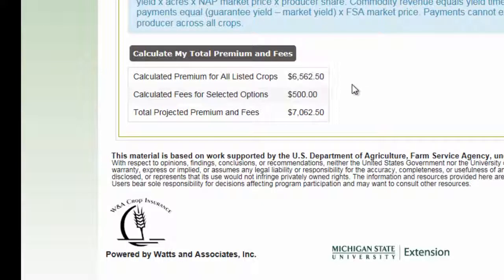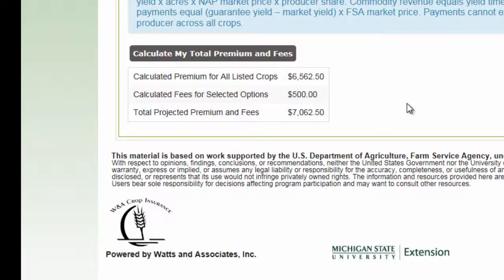So if you had 6 crops here, this premium for all crops would still be $6,562, but you'd add up $250 fee for each of the different ones. So when you add those together, your total projected premium and fees add up to $7,062.50. The fees are due as you sign up for the NAP protection. The premiums are due closer to harvest time.